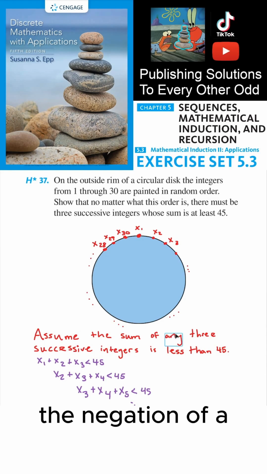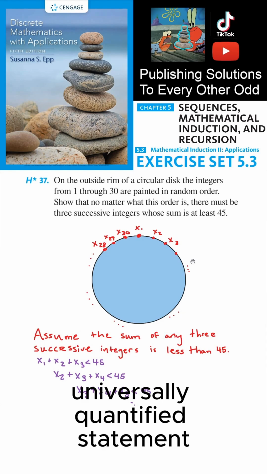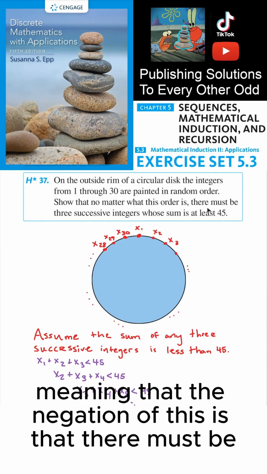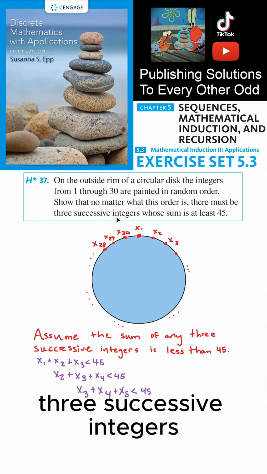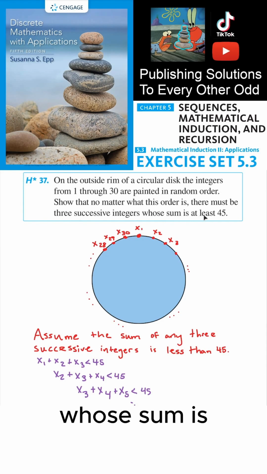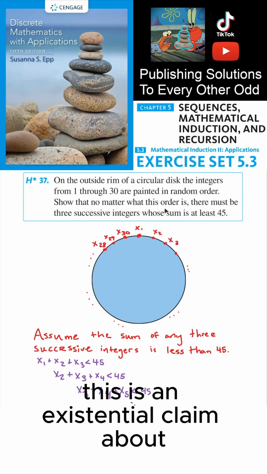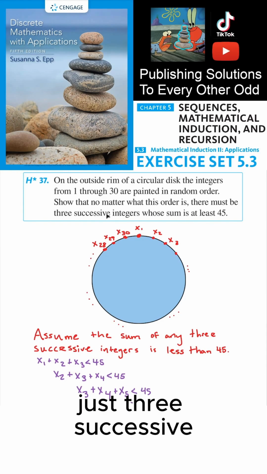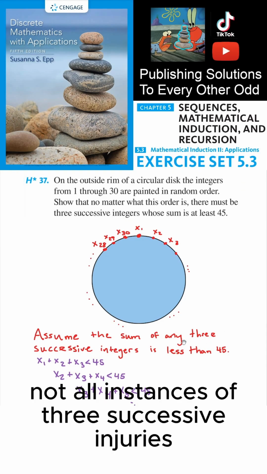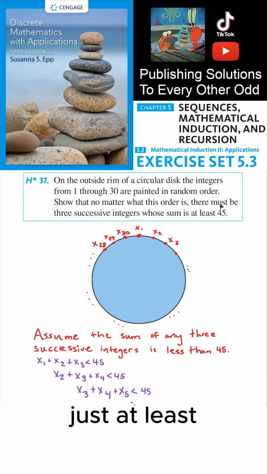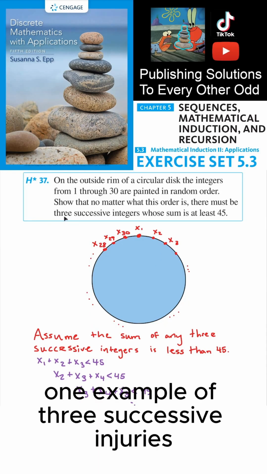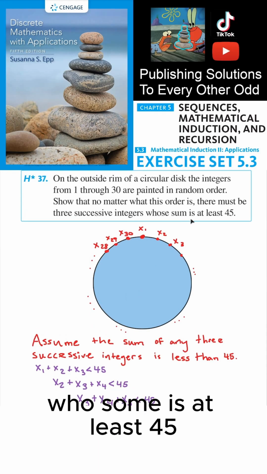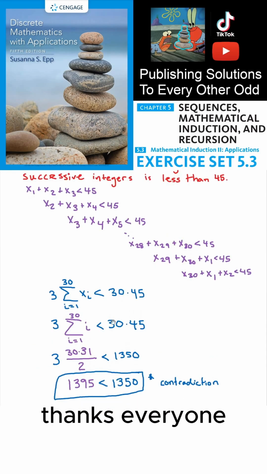Now, the negation of a universally quantified statement is existential, meaning that the negation of this is that there must be 3 successive integers whose sum is at least 45. This is an existential claim about just three successive integers, not all instances of three successive integers, just at least one example of three successive integers whose sum is at least 45. Thanks everyone, and I'll see you in the next video.